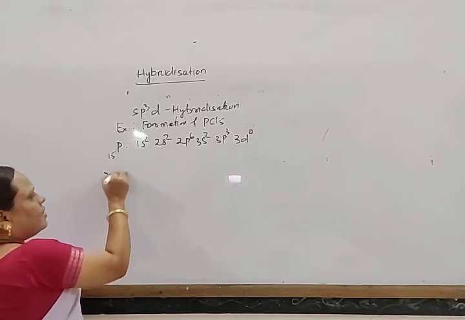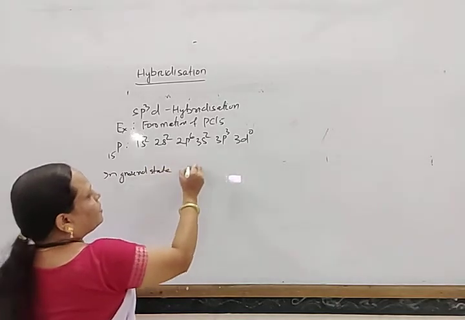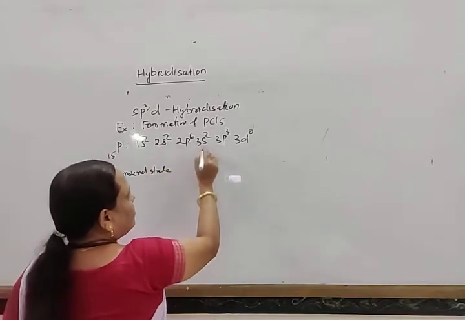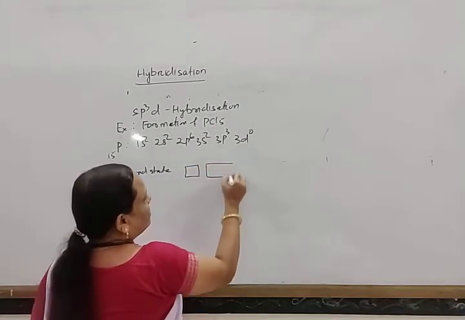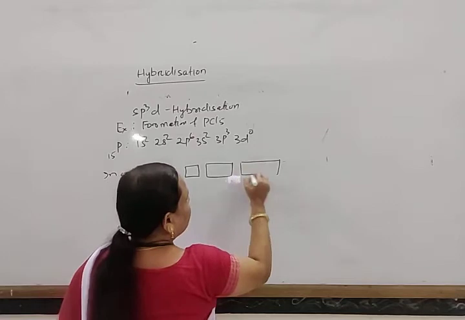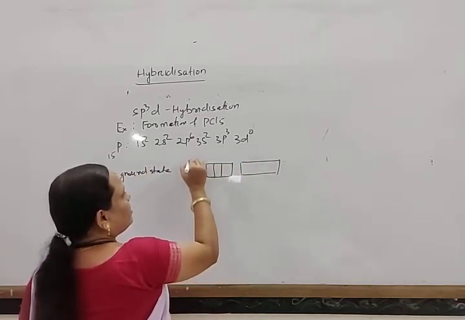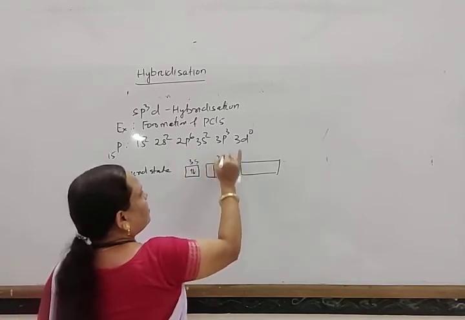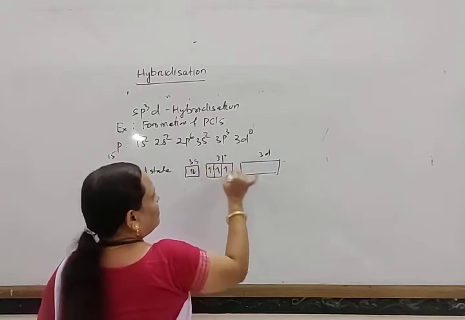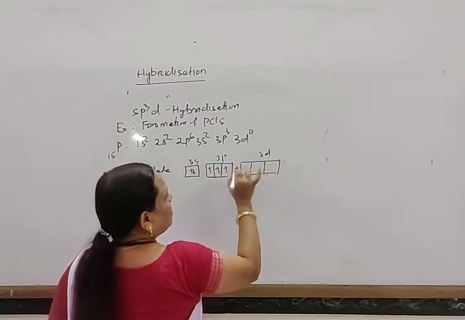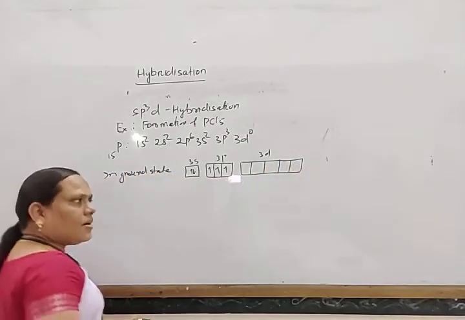In the ground state, I am writing only the valence shell: 3s, 3p and 3d. In 3p there are 3 electrons, and in 3d no electrons are present in the 5 d orbitals.